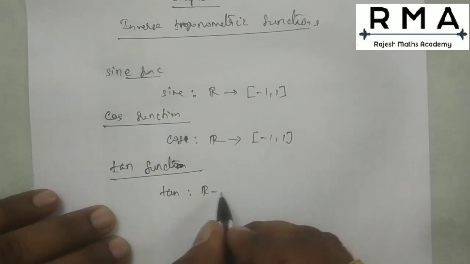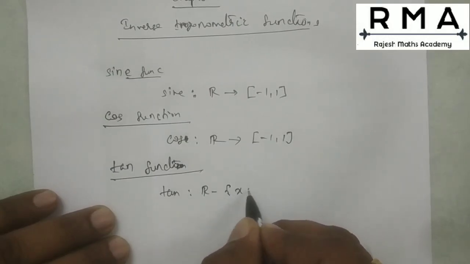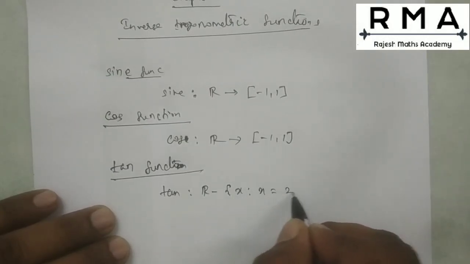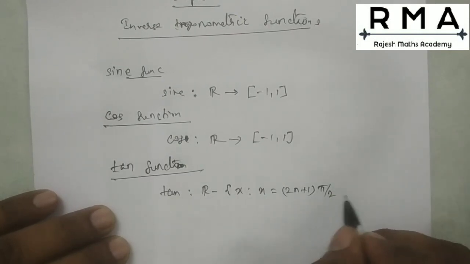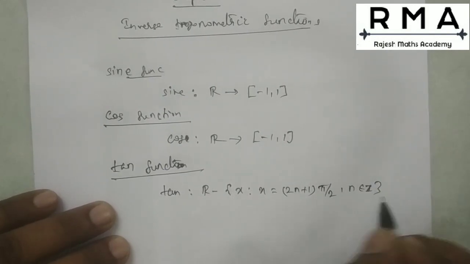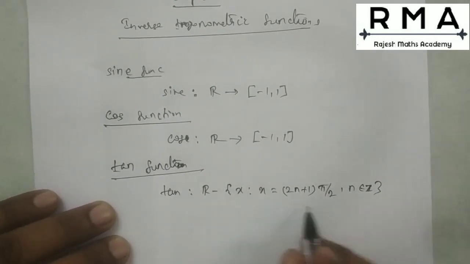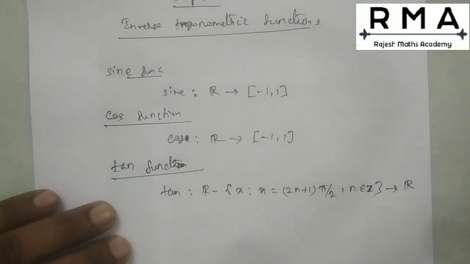Generally I write it as R minus the set of x such that x equals (2n+1) pi by 2, where n belongs to the integers. This set is the domain, and the range, as we said already, is all real numbers.